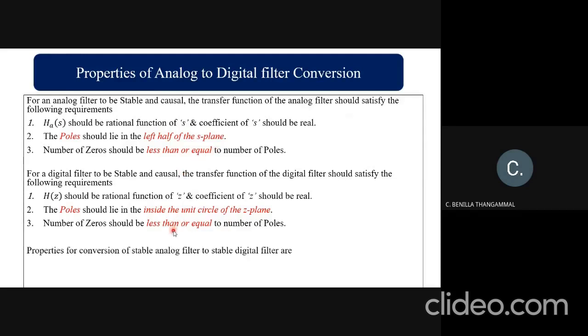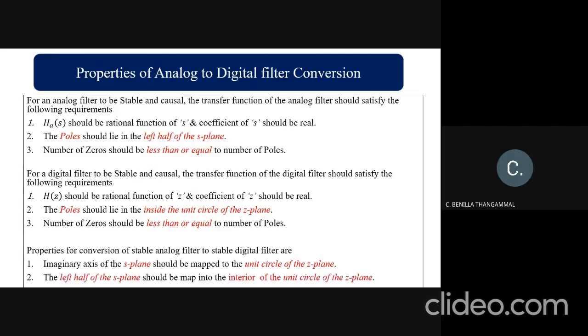Right, so the property for converting a stable analog filter into a stable digital filter is that the imaginary axis of the s plane should be mapped to the unit circle of the z plane. Most importantly, the left half of the s plane should be mapped into the interior of the unit circle of the z plane.